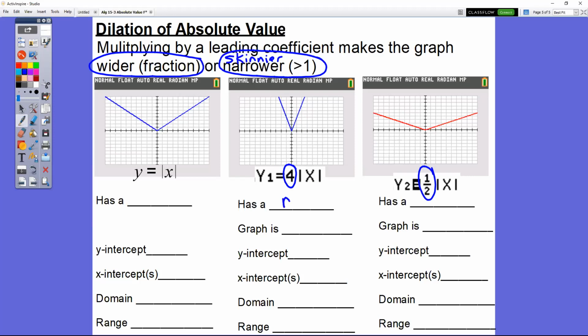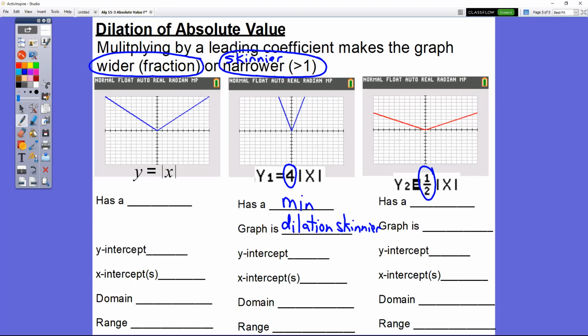So this one has a min. The graph is a dilation. A dilation makes it wider or skinnier. So it is a dilation where we get skinnier, or you could say narrower.